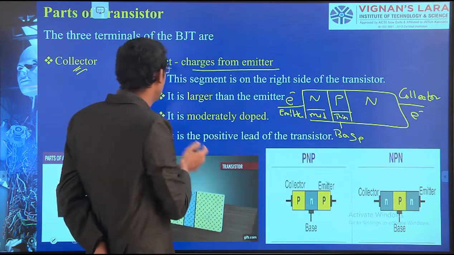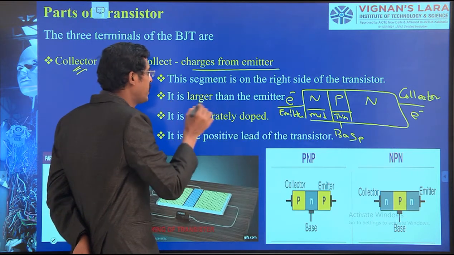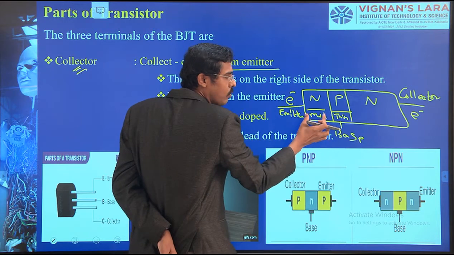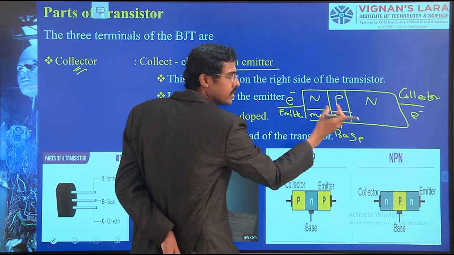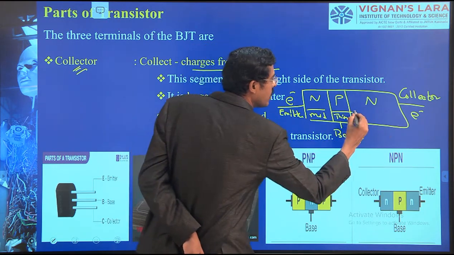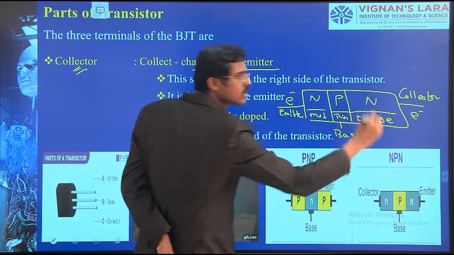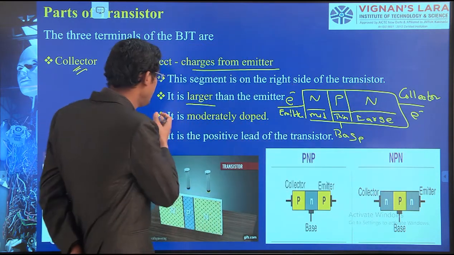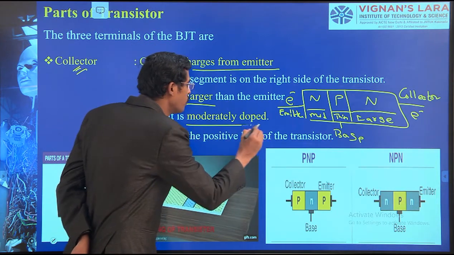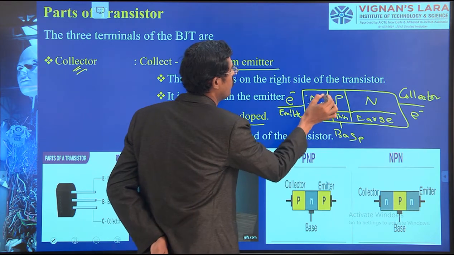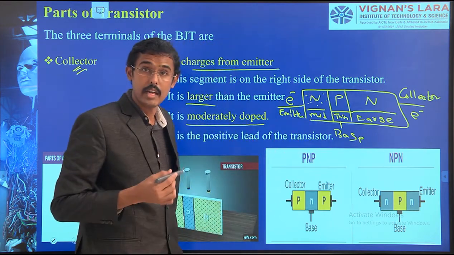So what I am doing here, it is larger than the emitter. Here the size is very moderate, the P size is very thin, and the N size is very large. So likewise I did. So it is also moderately doped. What I am doing, the N type here, I did more doping, heavily doped.